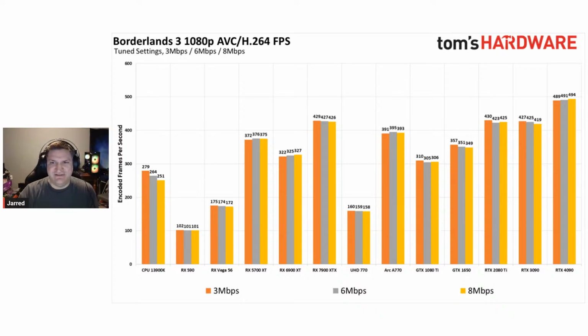There's basically the fast stuff, everything from the GTX 1080 Ti and the 1650, they have the exact same quality results, but I guess the 1650's engine is clocked a bit higher. The 3090 and 2080 Ti are basically tied. Maybe the 3090's video engine is clocked just a tiny bit slower.